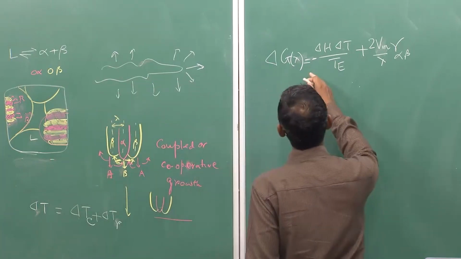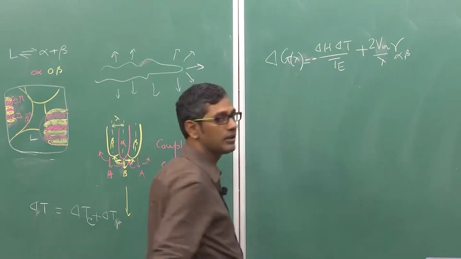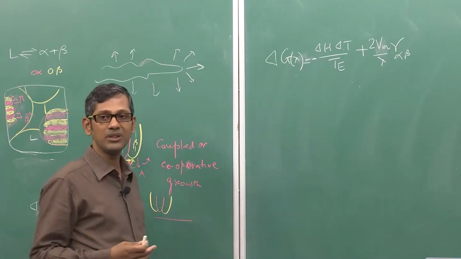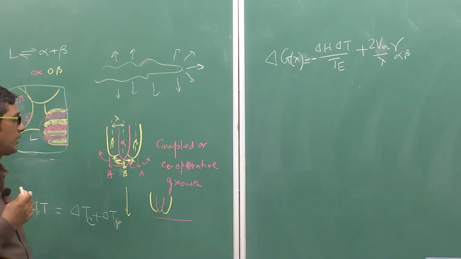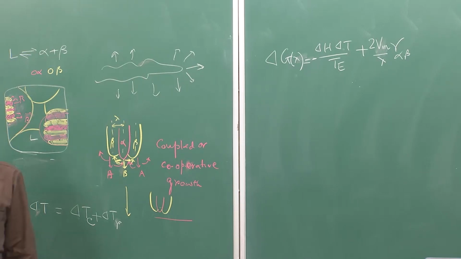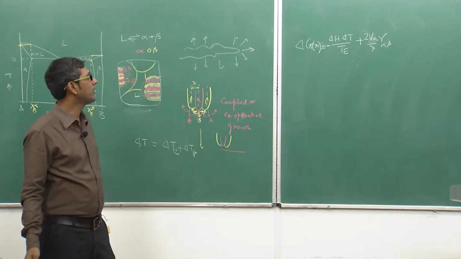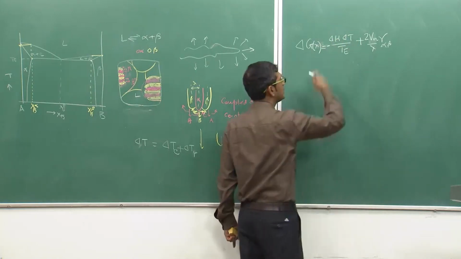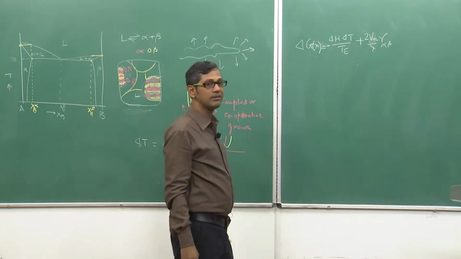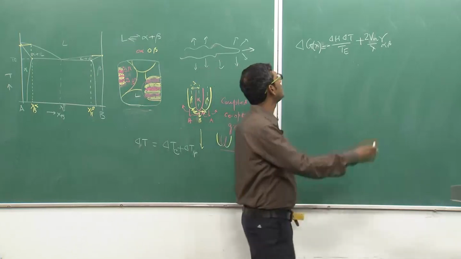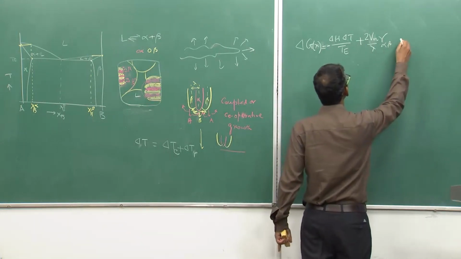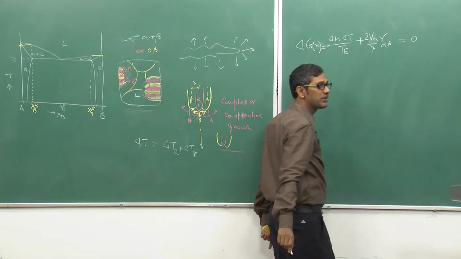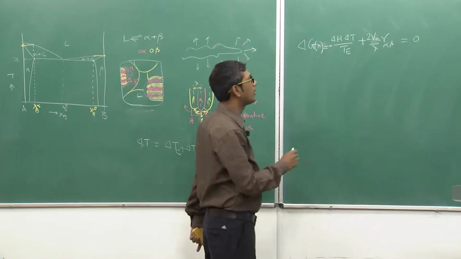So, now this is the delta G, or the free energy, for the transformation of the eutectic with interlaminar spacing equal to lambda. The question is this: when the total energy obtained because of the latent heat evolution is equal to and balanced by the formation of the interface, then I can write this to be equal to 0.